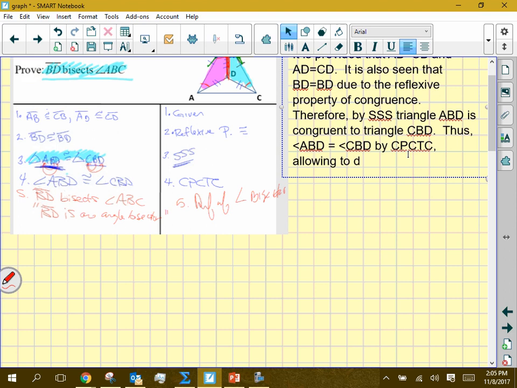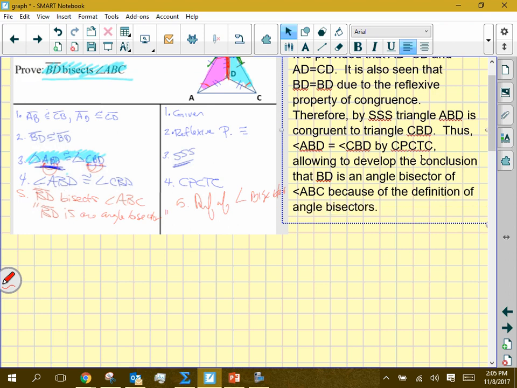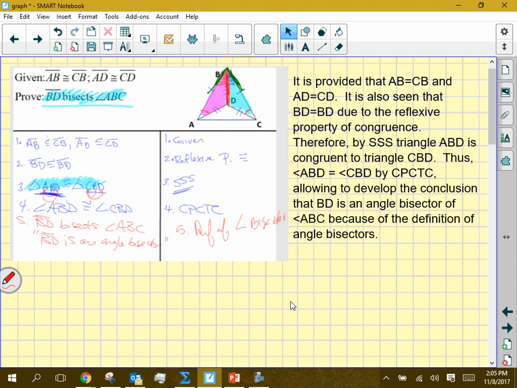Allowing to develop the conclusion that BD is an angle bisector of angle ABC because of the definition of angle bisectors. And that would be a sufficient way of writing that as a paragraph proof.